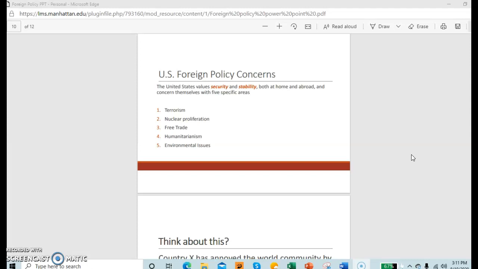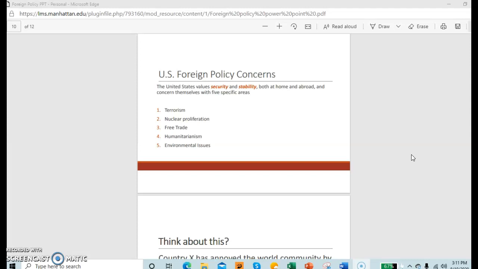U.S. foreign policy concerns center around 5 broad themes: one of terrorism, one of nuclear proliferation. This is the idea of nuclear weapons spreading to many other countries outside the traditional nuclear powers.